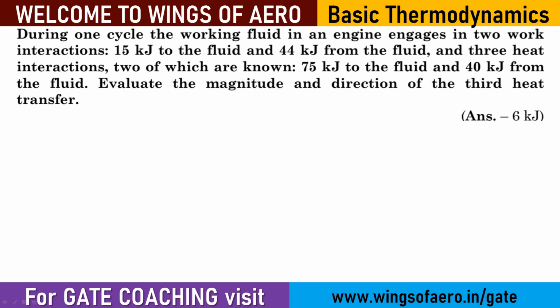During one cycle, the working fluid in an engine engages in two work interactions, 15 kilojoule to the fluid and 44 kilojoule from the fluid, and three heat interactions, two of which are known, 75 kilojoule to the fluid and 40 kilojoule from the fluid. Evaluate the magnitude and direction of the third transfer.